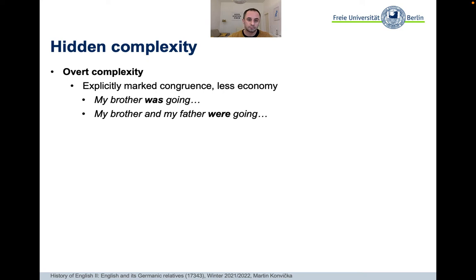And by overt complexity, I mean, for example, grammatical structures marked explicitly, meaning there are more grammatical, morphological or other markings, and it's all less economic in linguistic terms.